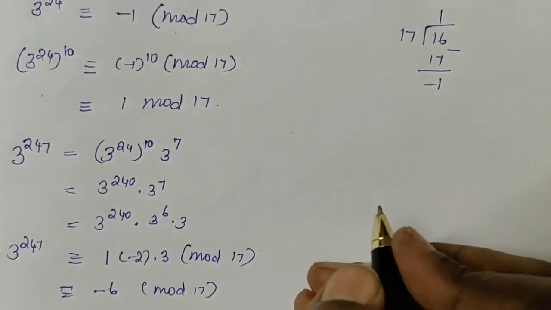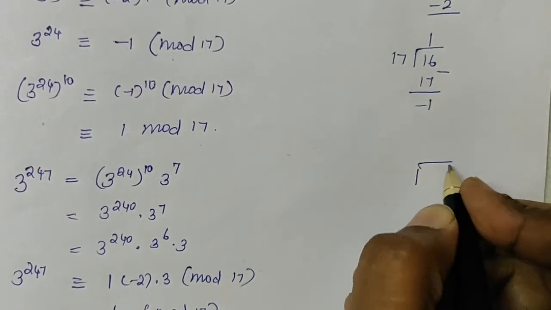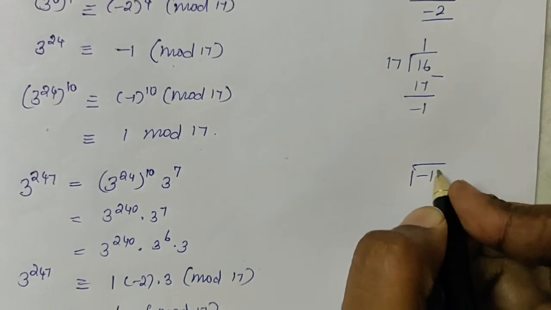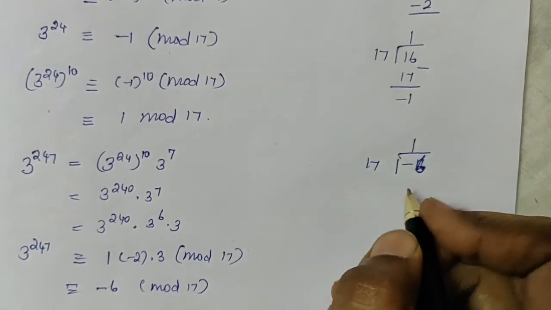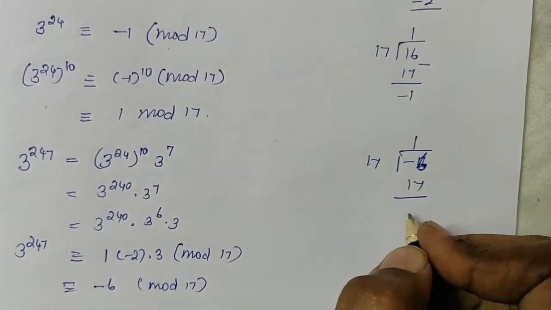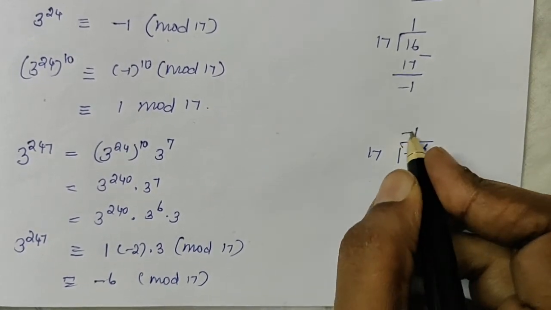So when you divide minus 6 by 17, 1 17 is 17, minus 1.